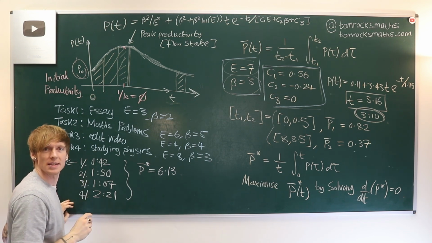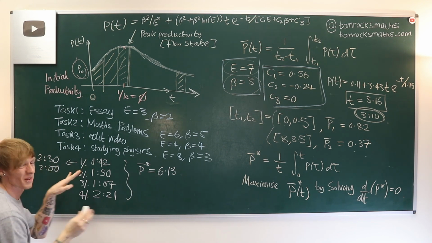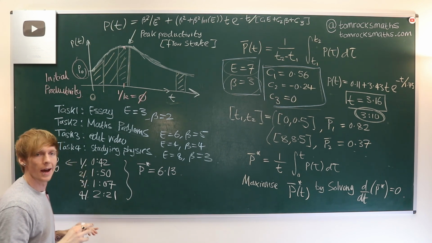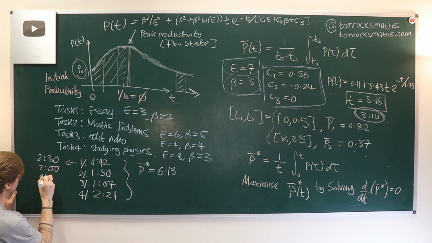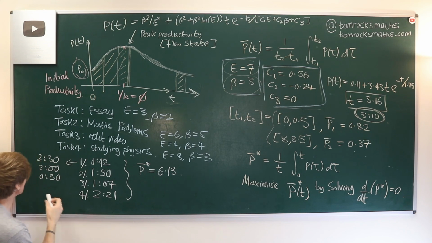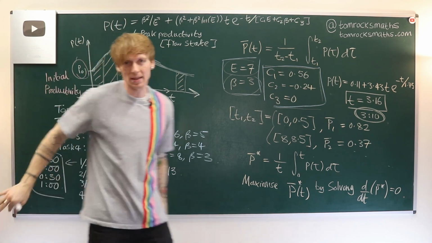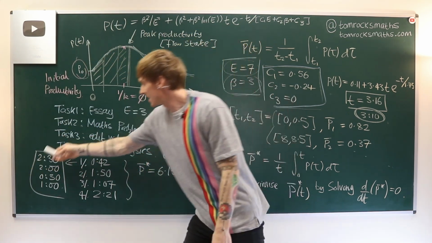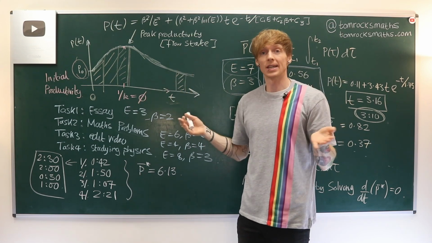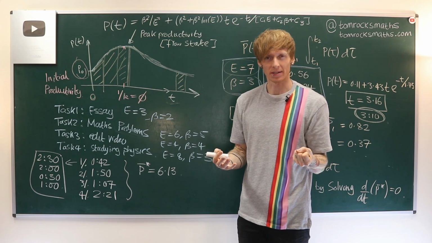Let's suppose instead I had spent 2 hours on the maths, so about the same as what I'm supposed to. 0.5 hours, so only 30 minutes on the video because I ran out of time, and then I squeezed in a final hour on the physics. So let's suppose the numbers given in that box. This is what I may have otherwise done if I had not mathematically studied how to be productive.